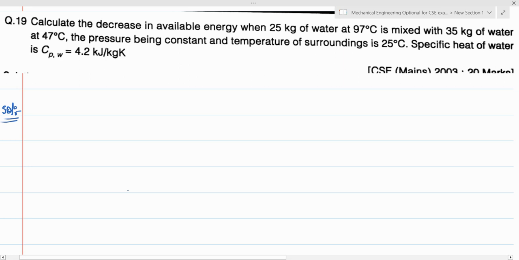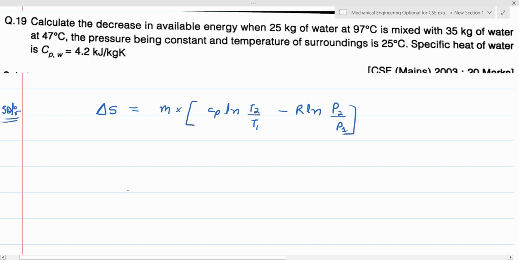Now the total entropy change is given by the formula delta S is equals to mass multiplied by Cp ln T2 by T1 minus R ln P2 by P1.